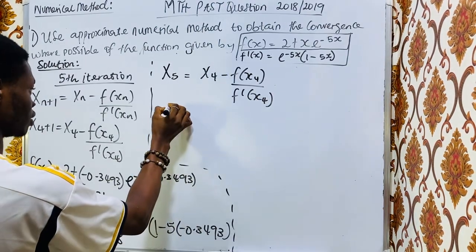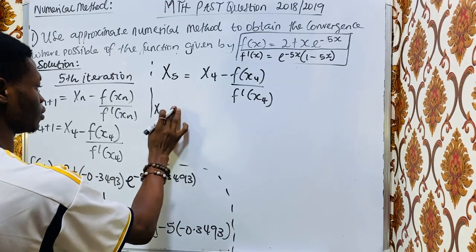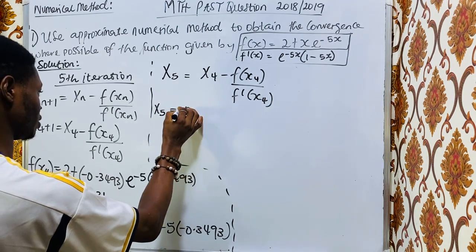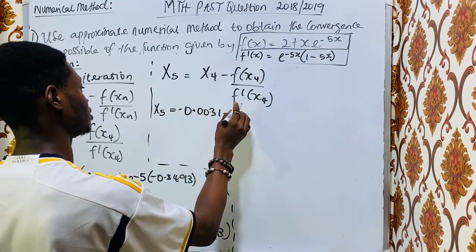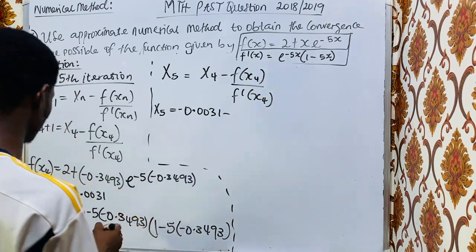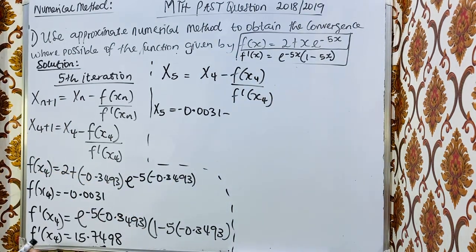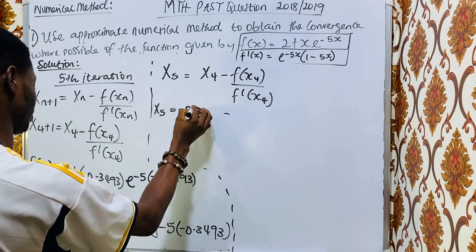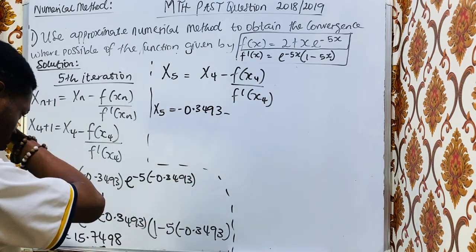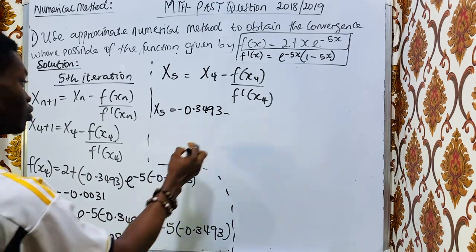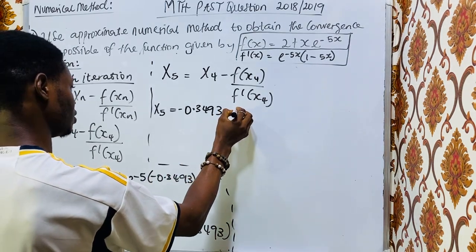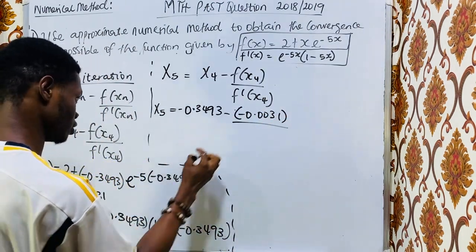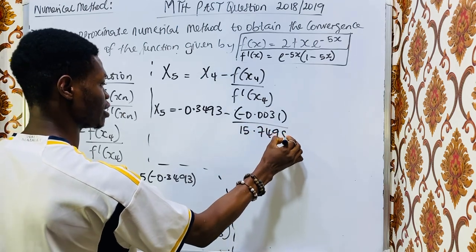Our x4 is negative 0.3493, minus f of x4, which is minus 0.0031, all over f prime of x4, which is 15.7498.